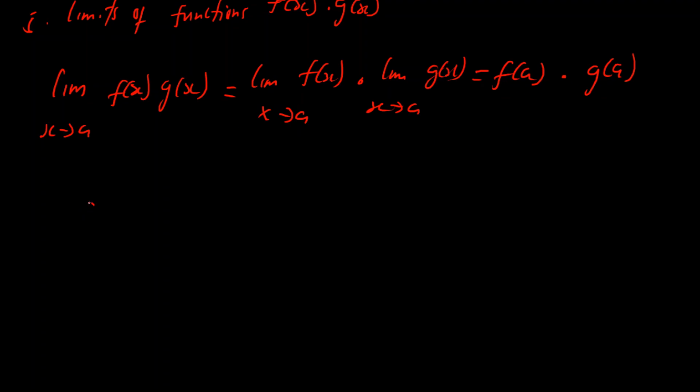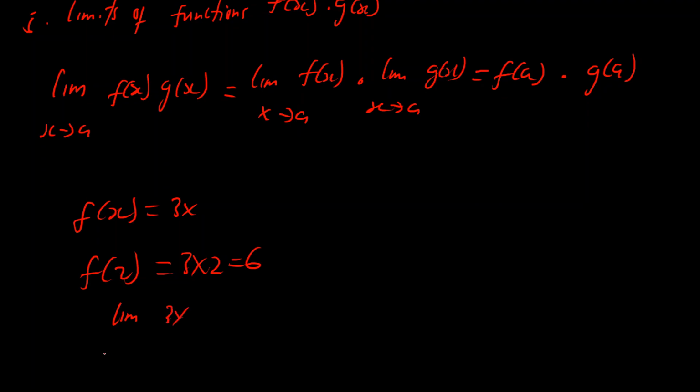I hope you know f of a. If you have a function f of x equals 3x, then if you are to find f of 2, it's just going to be 3 times 2, right? Which equals 6. And so remember, if you are to find the limit of 3x as x approaches 2, it's going to be 3 times 2. What we have basically done is that we have found the image, which is f of 2, of the function 3x.